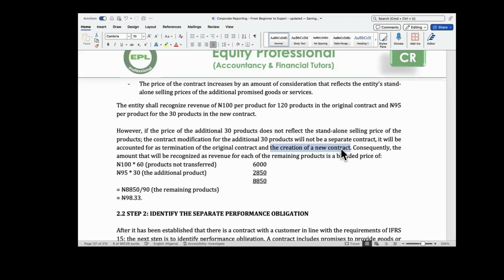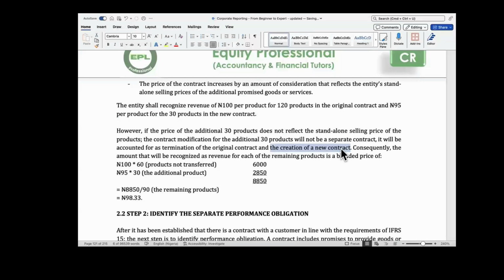So you just need to have it in mind that contract modification can result in either a separate contract, or in the termination of an existing contract if it doesn't meet the criteria we mentioned above, and the creation of a new one.